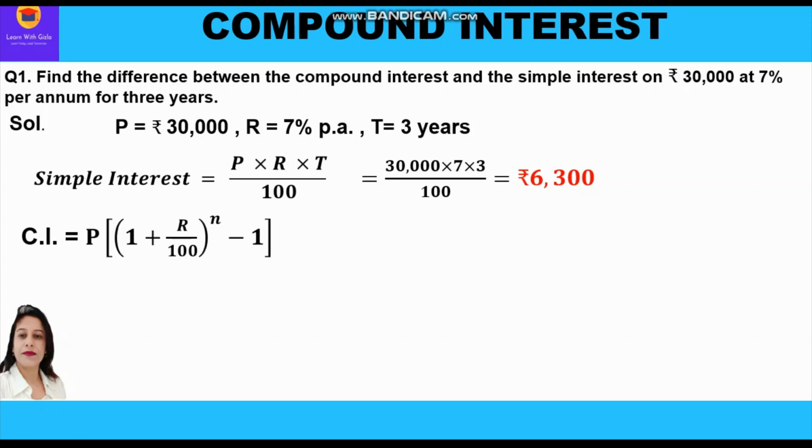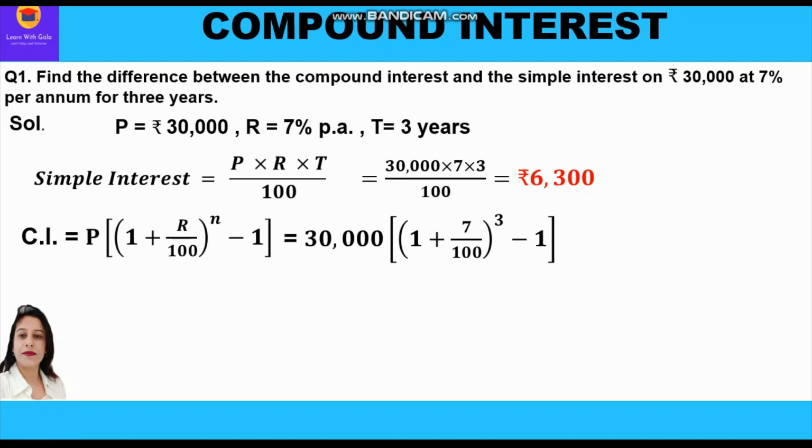Now we shall calculate compound interest using the formula P[(1 + R/100)^N minus 1]. Further we put the values. So we write 30,000[(1 + 7/100)^3 minus 1]. Here principal is 30,000, rate of interest is 7%, and time is 3 years.